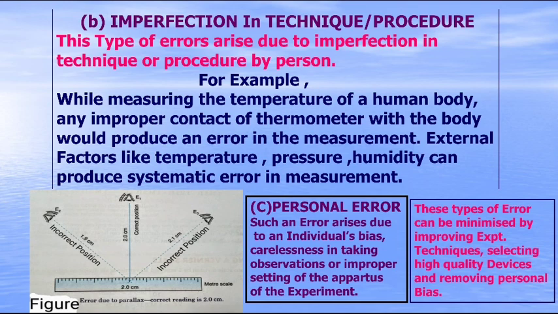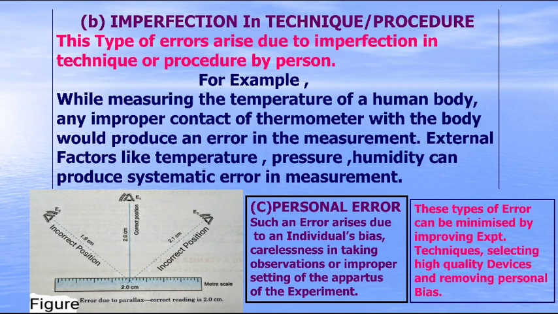For example, while measuring the temperature of a human body, any improper contact of the thermometer with the body would produce an error in the measurement. External factors like temperature, pressure, humidity can produce systematic error in the measurement.